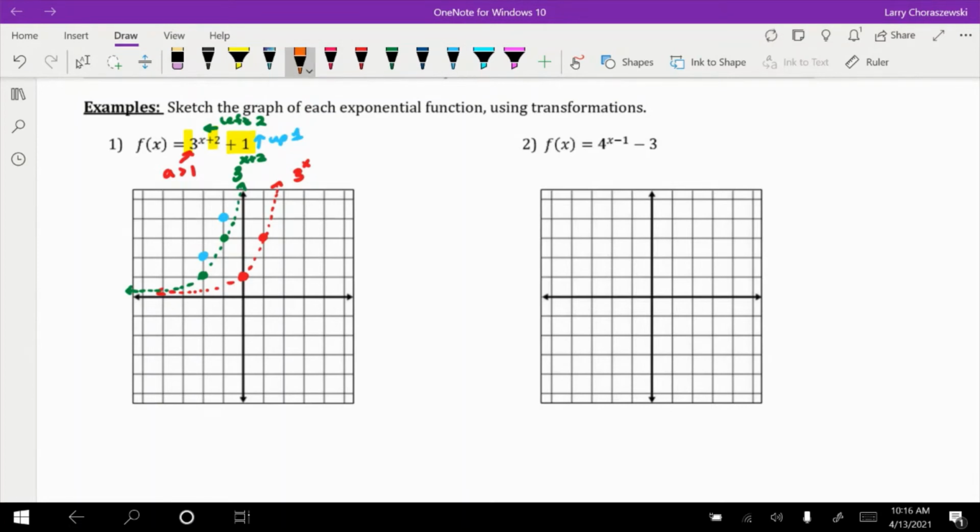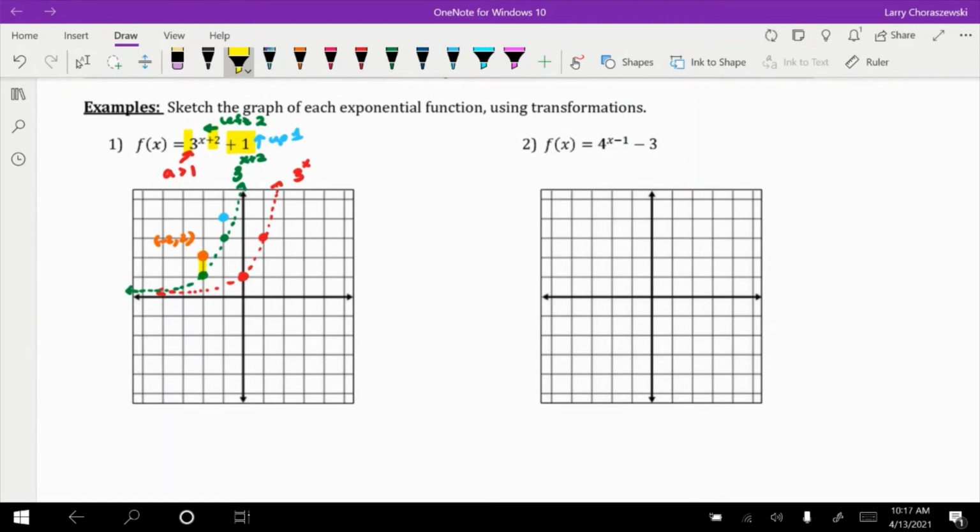Now, keep in mind the 1 unit gap. If you're keeping track of the y-intercept, it's now right here at (-2, 2). And there's always a 1 unit gap between the y-intercept and the horizontal asymptote.